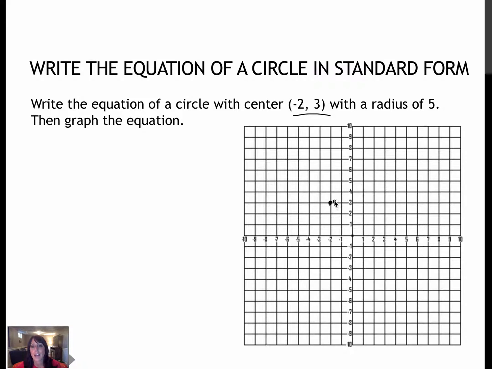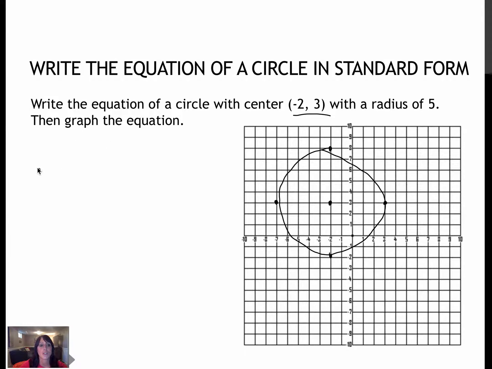My radius is 5, which means I'm just going to count 5 units up, 5 units down, 5 units to the right, 5 units to the left, and then do my best to connect those points in somewhat of a circle. I feel confident that you can do a better job than that.